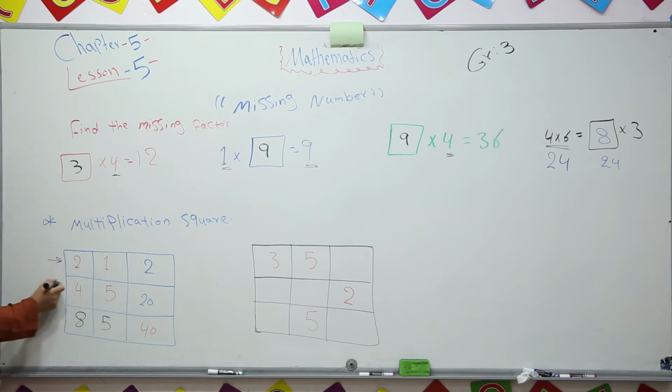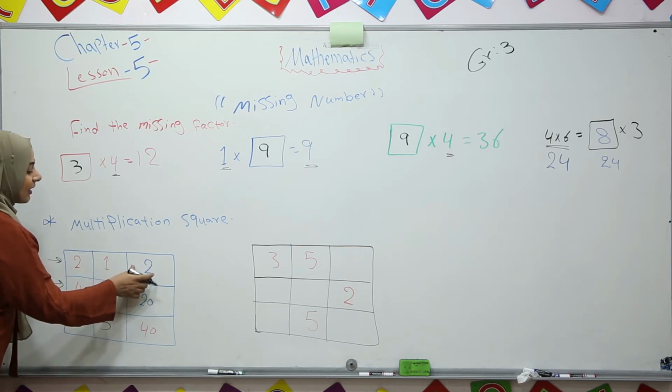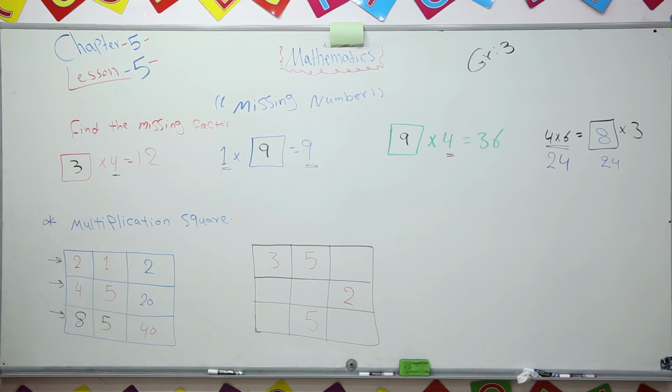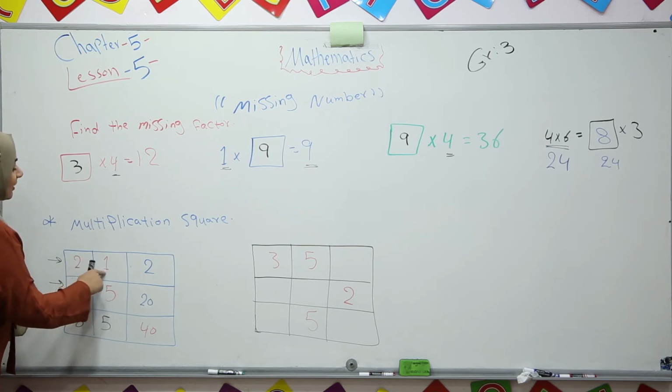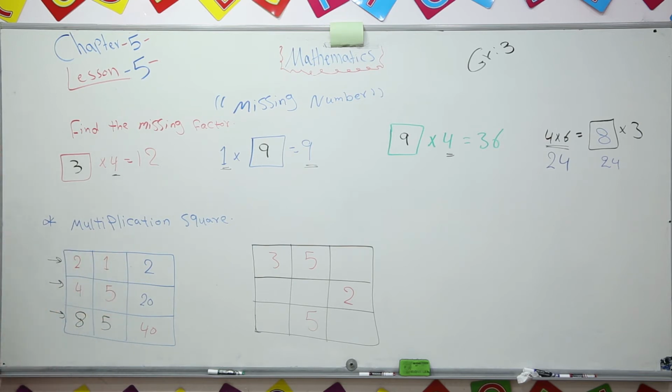Let us solve it by rows. How should we solve it? If we do it by rows, in each row, the first and second number multiplied together, and the third number is the answer.